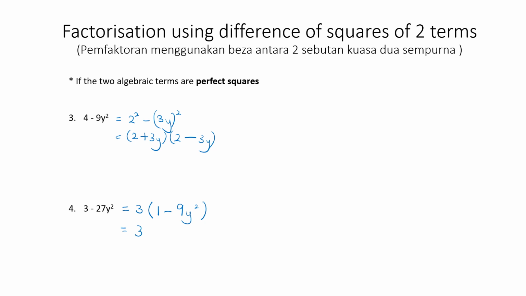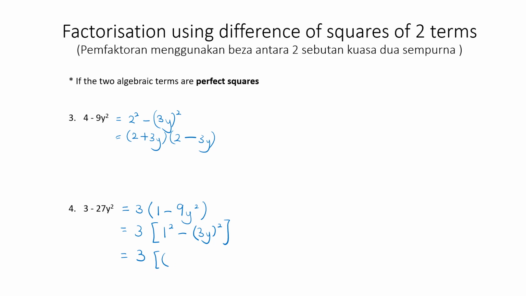So 1 minus 9y squared. So 1 is 1 squared, minus 9y squared, which is 3y squared, just like question 3 that we have discussed. And this is 3.